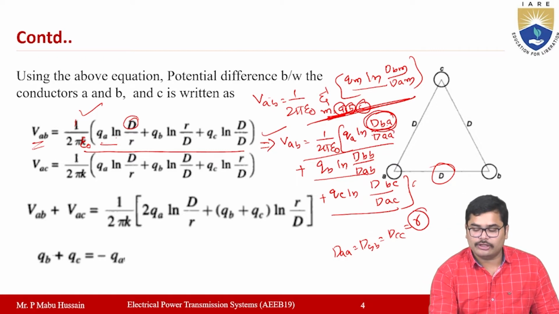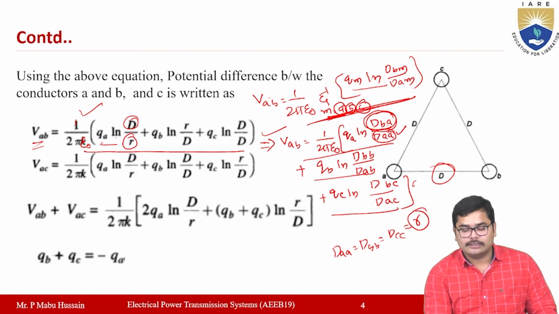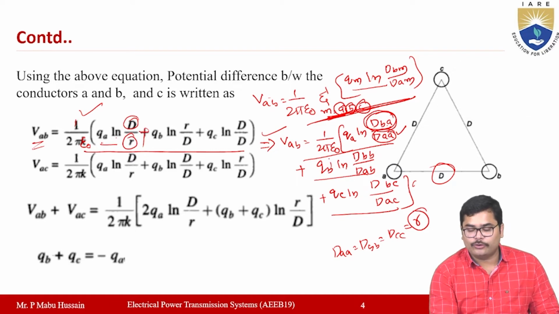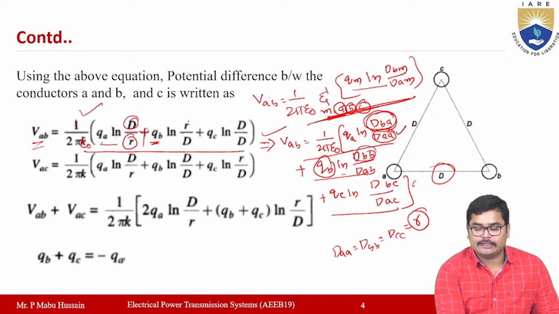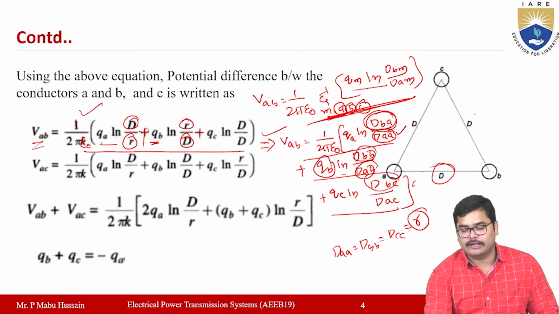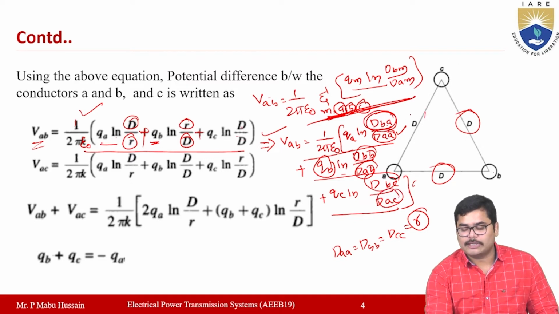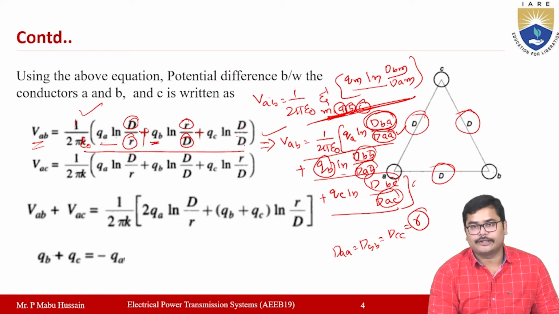So in place of DAA you can write R here, plus QB ln, in place of DBB you can write the radius, and DAB is the distance between A to B, which is D here, plus QC ln DBC, which is the B to C distance, D here, by DAC distance, also the same as D only.